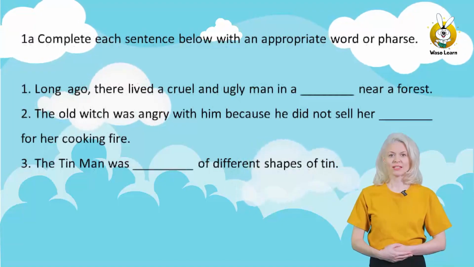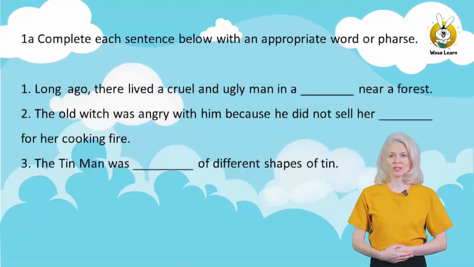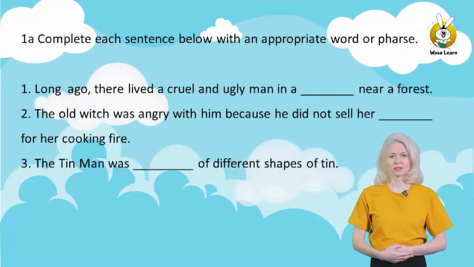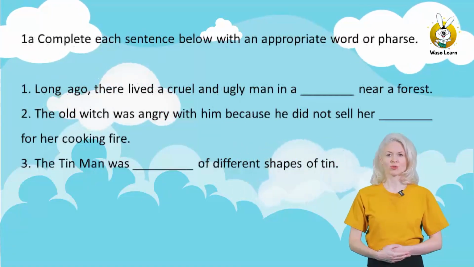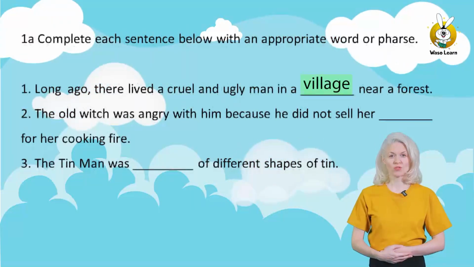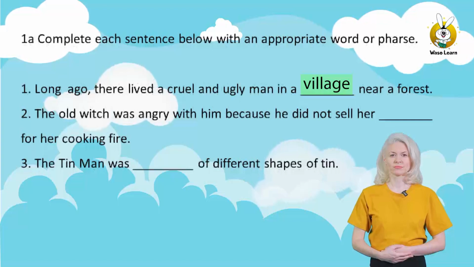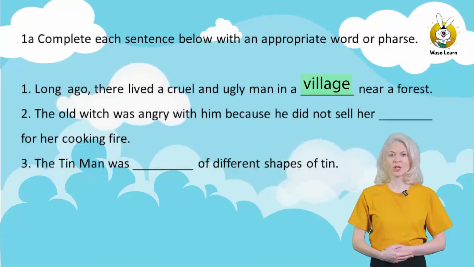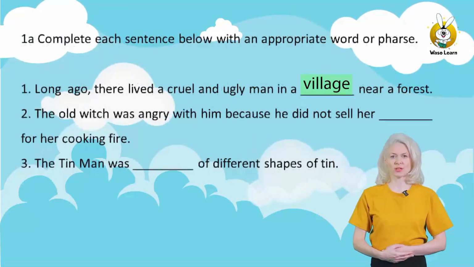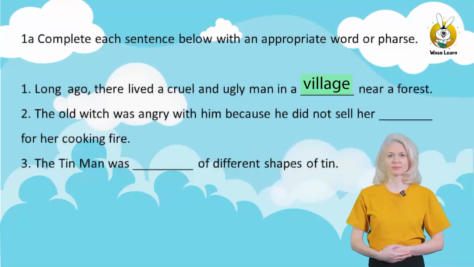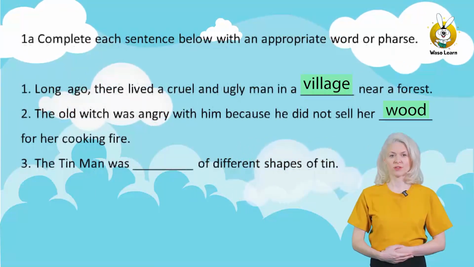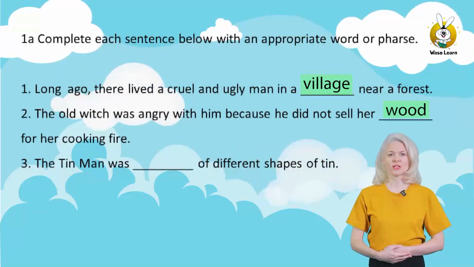1A. Complete each sentence below with an appropriate word or phrase. 1. Long ago, there lived a cruel and ugly man in a small village. 2. The old witch was angry with him because he did not sell her any wood for her cooking fire. 3.